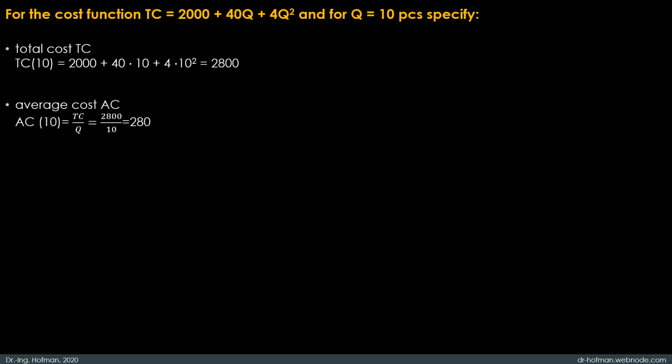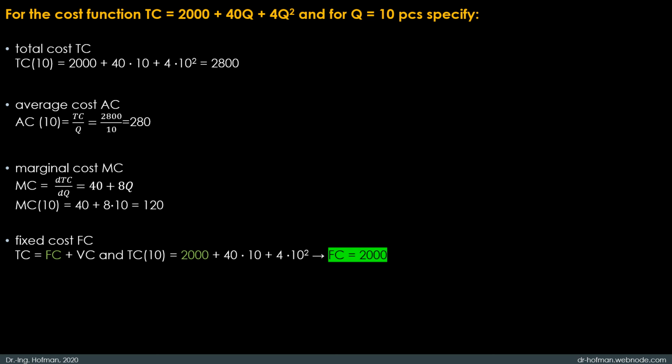Average cost AC for 10 pieces is total cost divided through Q. It equals 2,800 divided by 10, which is 280. Marginal cost MC is the derivative of TC according to Q, which is 40 plus 8Q. For 10 pieces, 40 plus 8 times 10, which is 120.